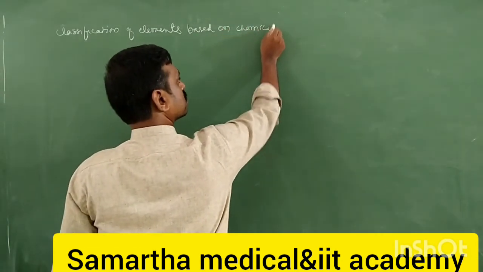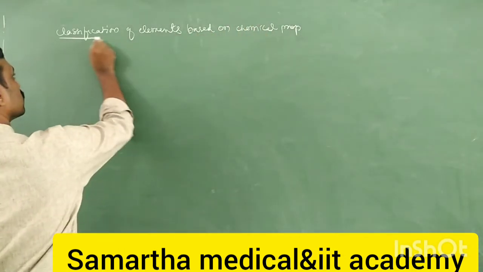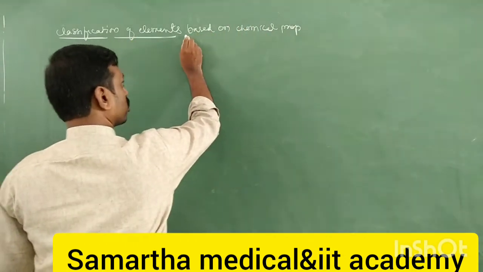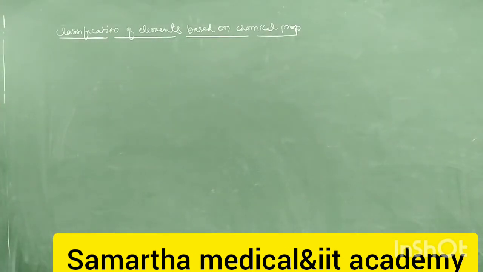Last class we completed classification based on electronic configuration. Based on electronic configuration, elements are classified into 4 blocks: S block, P block, D block, F block. So far we have completed how to identify the blocks, groups and periods in detail. Next is based on chemical properties.